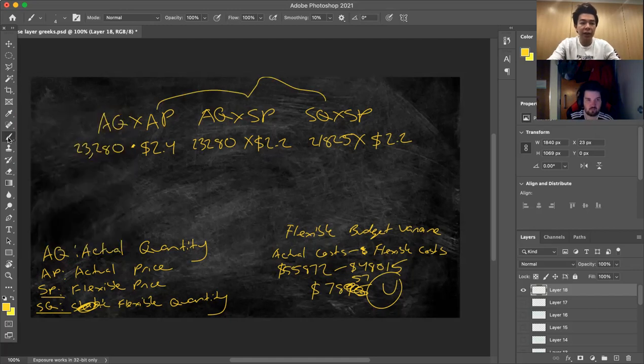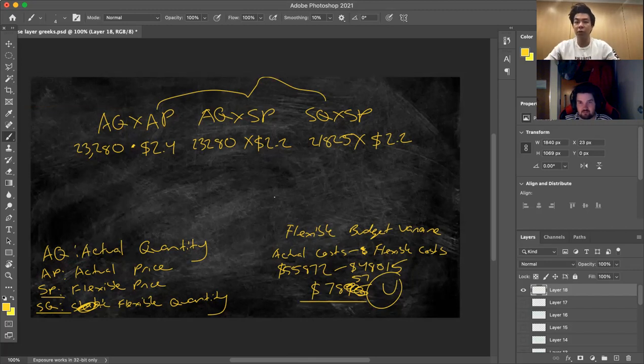This helps us figure out, are we using too much material, is that why our costs are being driven up, or is it because of rising commodity prices? So we're trying to break this down and see where the costs are coming from. That's the whole reason why we do this.